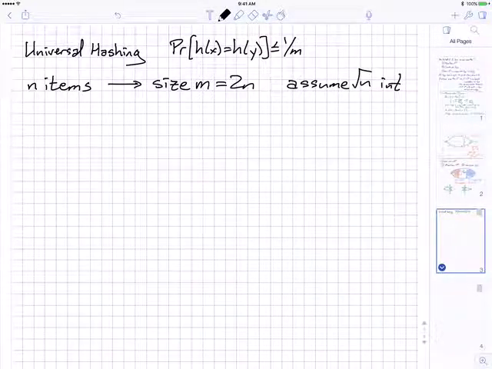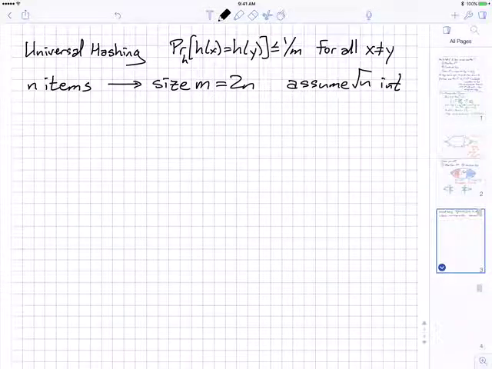Oh, thank you. Okay. So the definition of universal is: a set of hash functions is universal if, when I choose a hash function uniformly at random from this set, the probability of two different items colliding is at most 1 over m.